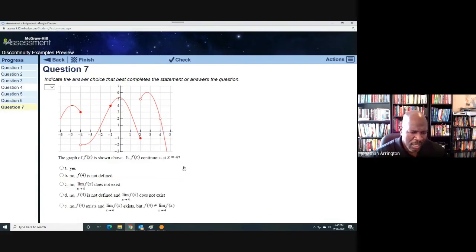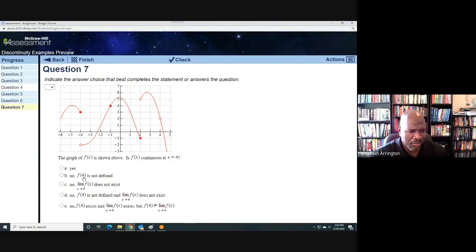The last example, we're checking continuity at x equals 4. So here's 4 right here. Again, the first question, is it continuous at 4? Hopefully you said no. There's a removable discontinuity there. You have an open circle. So let's see why it's not continuous. Let's go down the line.